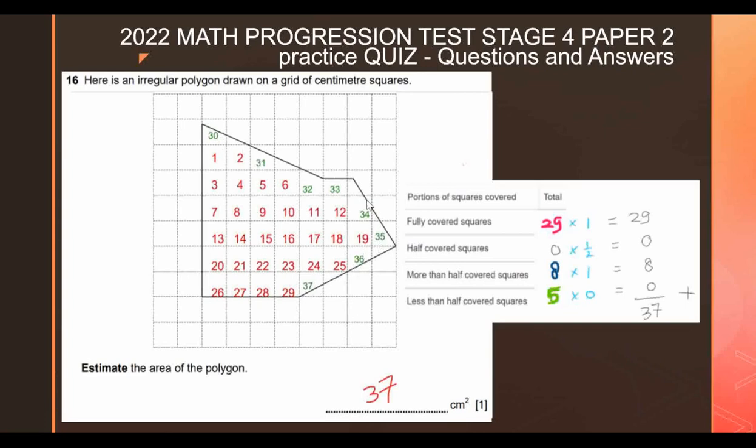So the 8 more than half covered squares are each counted as 1, while half covered squares are counted as half.